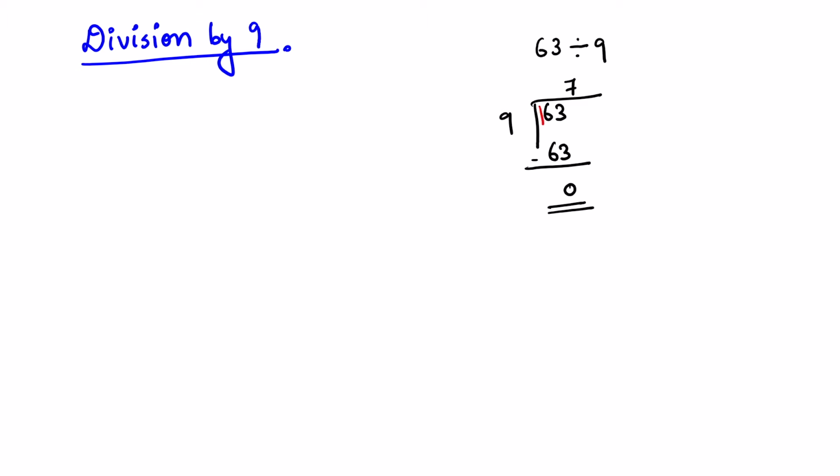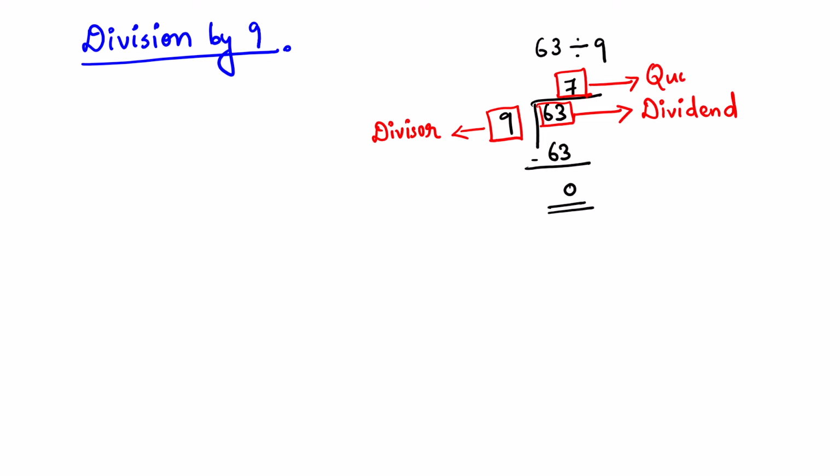Now 63 over here is known as the dividend and 9 over here is known as the divisor and 7 is known as the quotient, which is denoted by letter Q, and 0 is known as the remainder, which will be denoted by R.